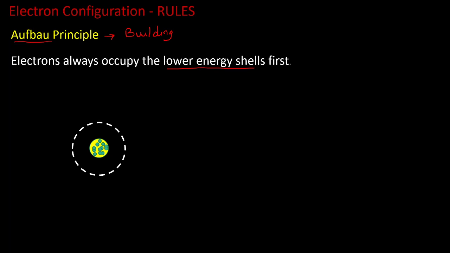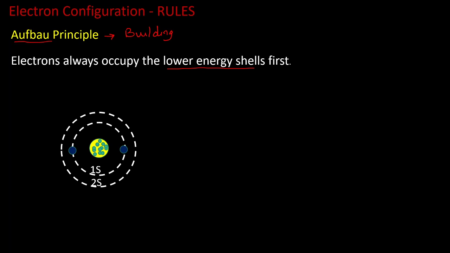So you see that we have this white colored line that is showing us the first shell, n is equal to 1. The principal quantum number is 1 here, and you see that it can occupy 2 electrons. Now suppose I give the third electron there. The third electron cannot fit in the first shell. Why? Because the maximum number of electrons that can fill in 1s is always 2.